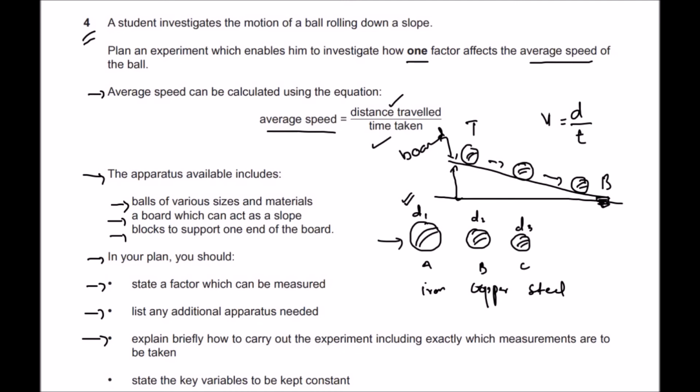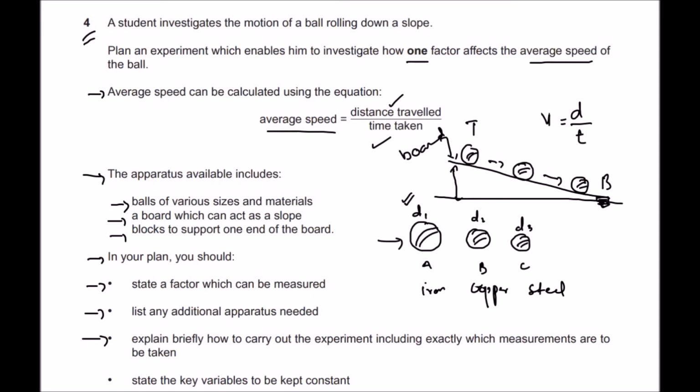Then it moves down, and you can record its distance traveled and time taken. In the second part, you take the second ball, copper, having a different diameter, place it on the slope at the same position as the first one, release, and measure its distance traveled and time taken.